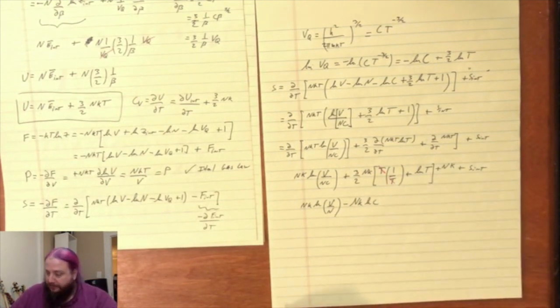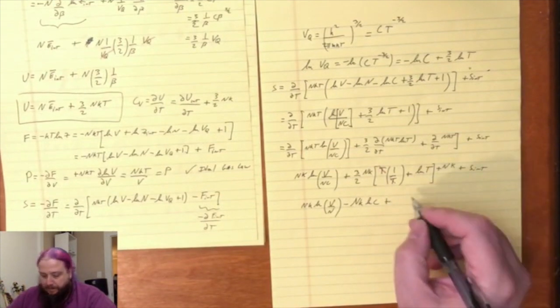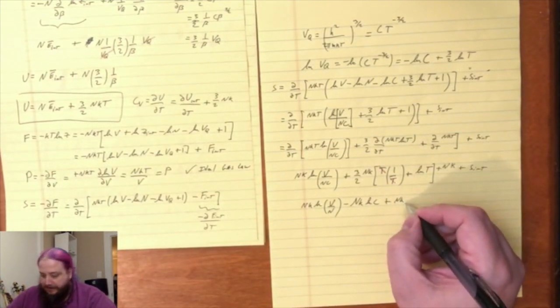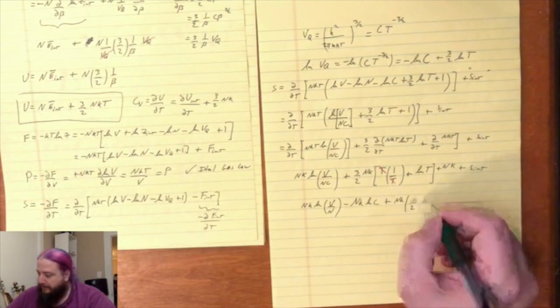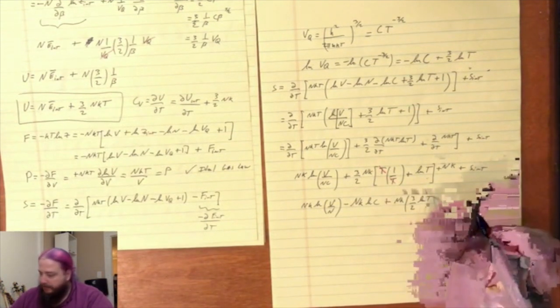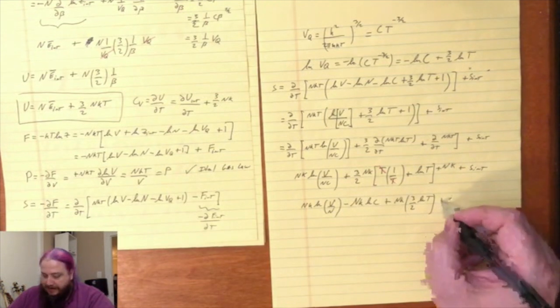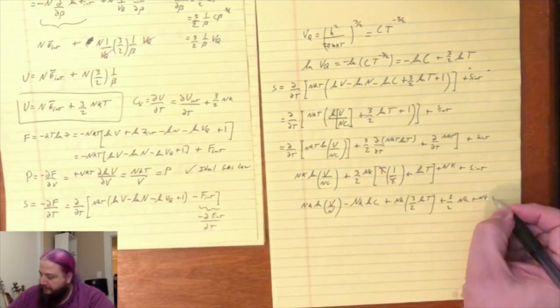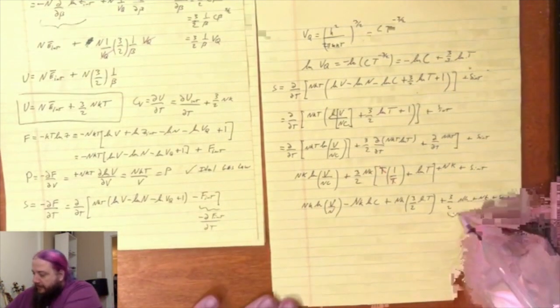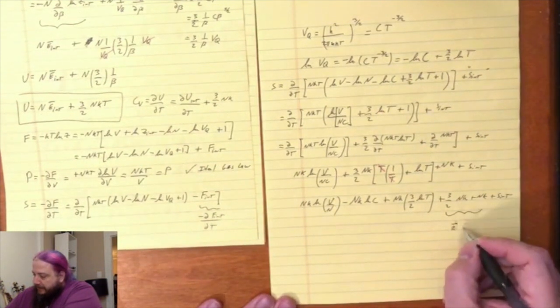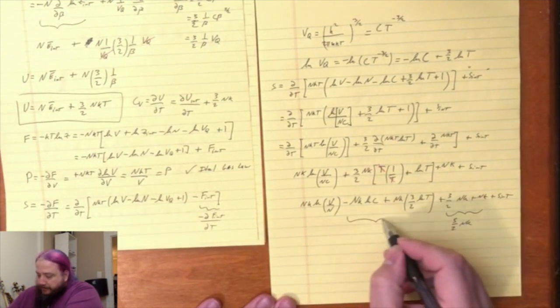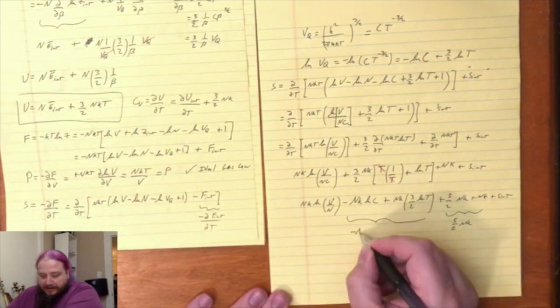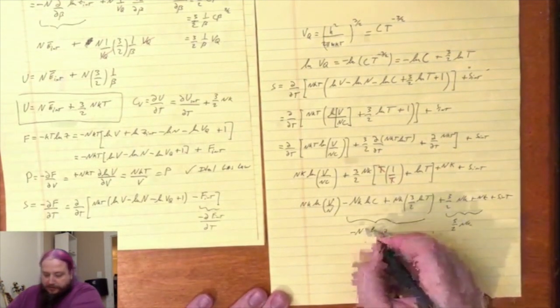I broke the c out of this logarithm because we're going to merge it back with the temperature thing here in a moment, plus nk times 3/2 log t, plus 3/2 nk plus nk plus our s interior. So this here gives us 5/2 nk, and this term here gives us minus nk logarithm of the quantum volume.